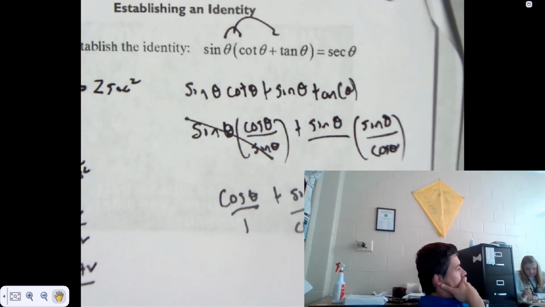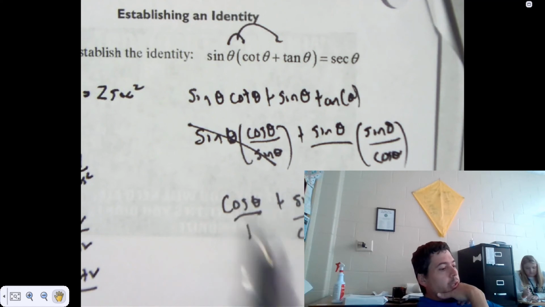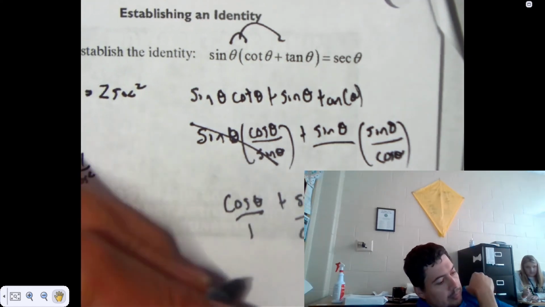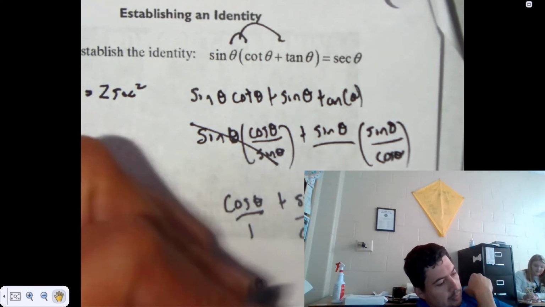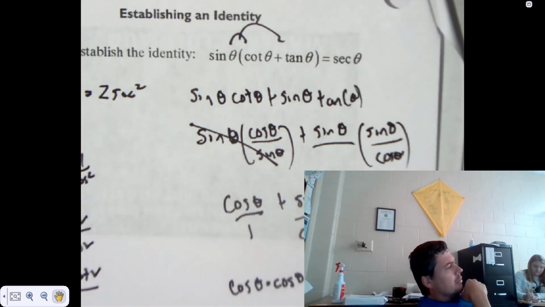You see two fractions, can't you add them together? So maybe that's a good idea. What do I give this cosine right here? I give it cosine. What do I give sine squared?